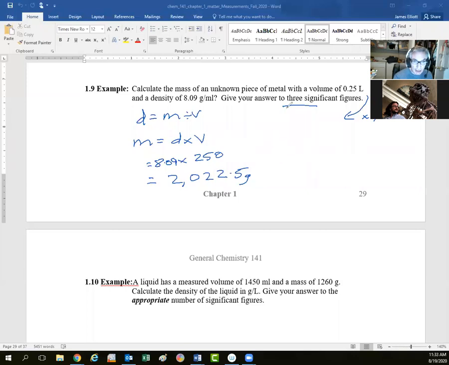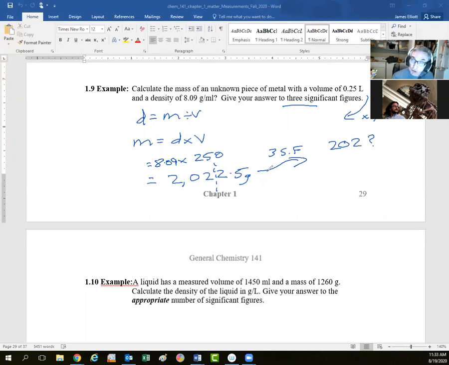We want that answer to be just 3 significant figures. And so 1, 2, 3, which would mean the chop off point would be there. First figure for the chop would be the 2, but we can't just leave the answer as 202. That's a very different value compared to 2022.5.